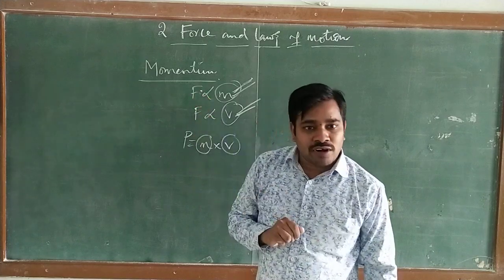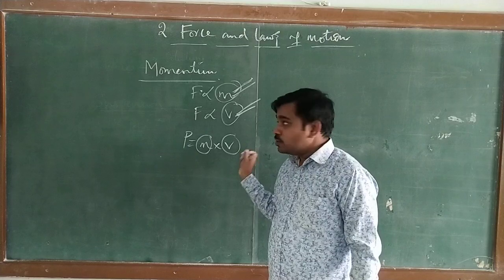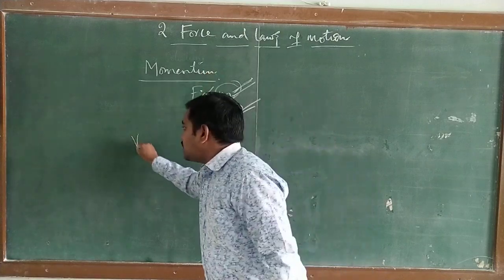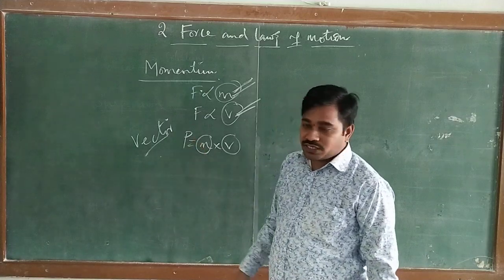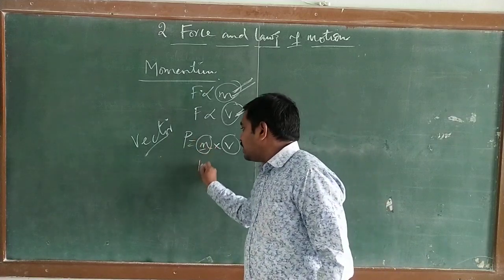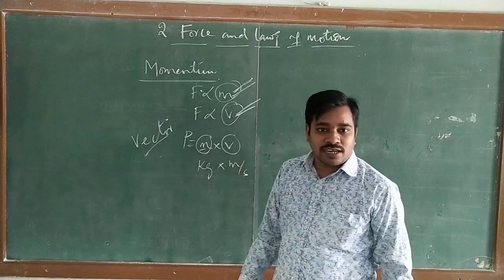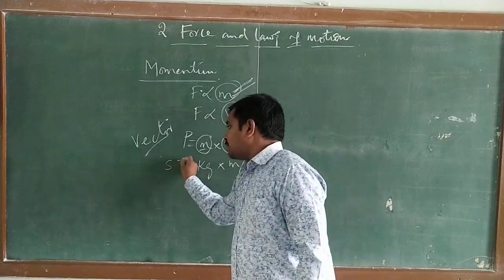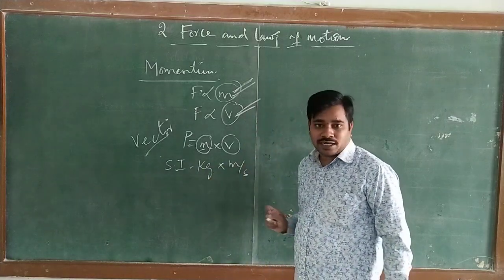Momentum is a vector quantity which always acts along the direction of the velocity. Mass is measured in kg and velocity is measured in meter per second. Now tell me, what is the SI unit of momentum? The SI unit of momentum is kg meter per second.